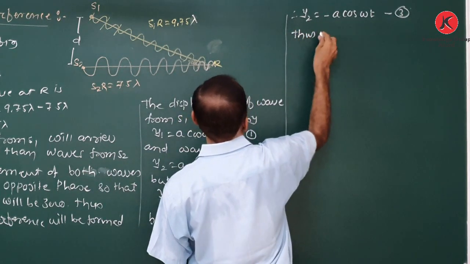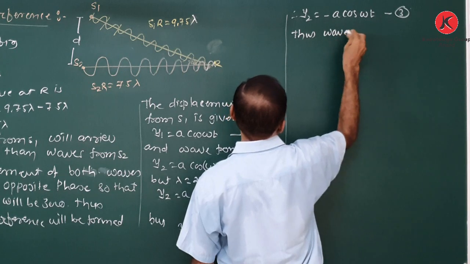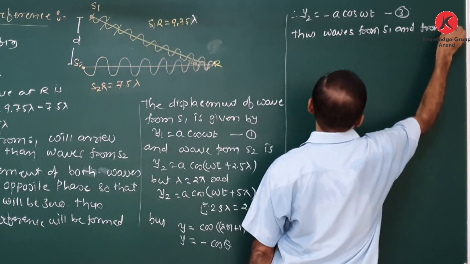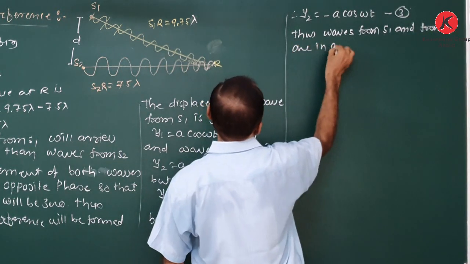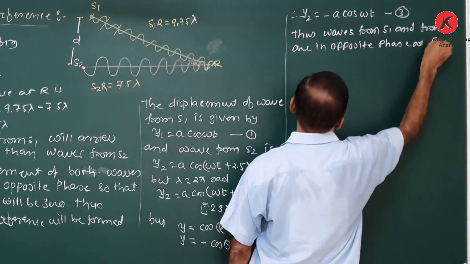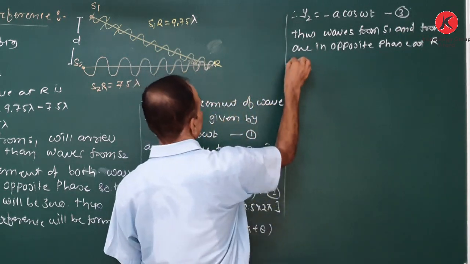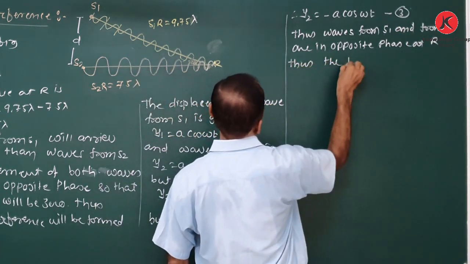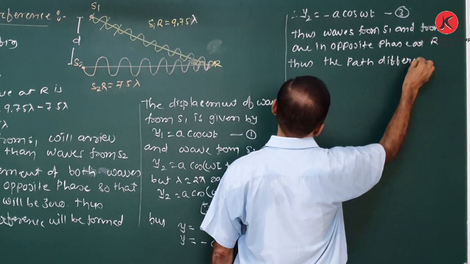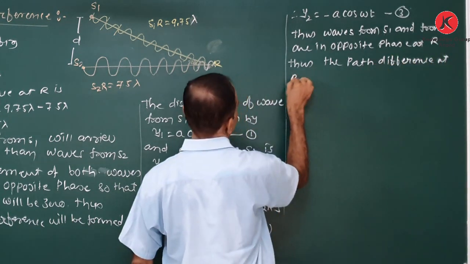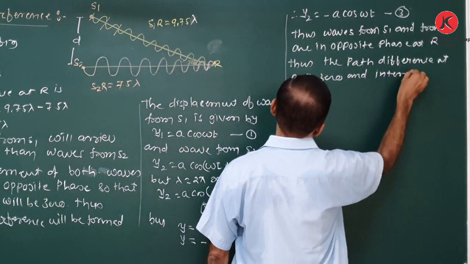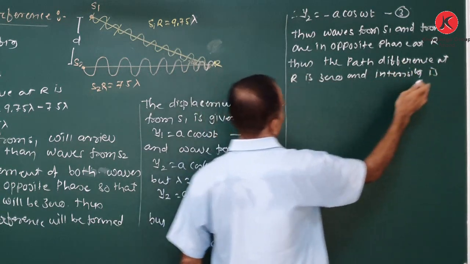Thus, waves from S1 and S2 are in opposite phase, and the resultant displacement at R is 0 and the intensity is also 0.